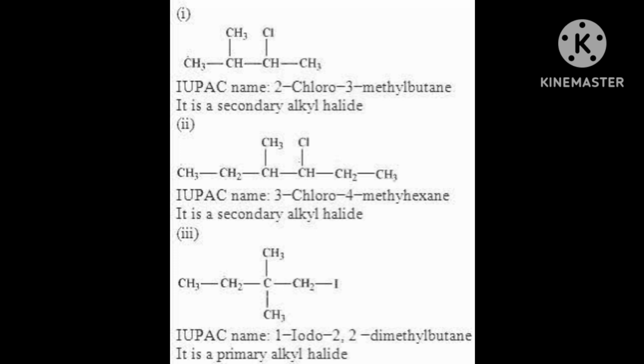But here butane you also have to write: 1-bromo, 2-methyl, butane, total butane, 4 carbons are there. Then not carbon number 1, bromine, you have to start numbering from this side, the bromine side, okay.